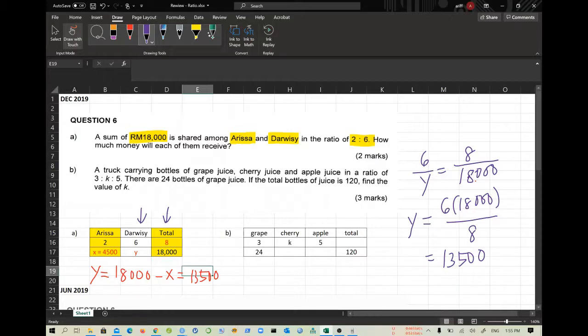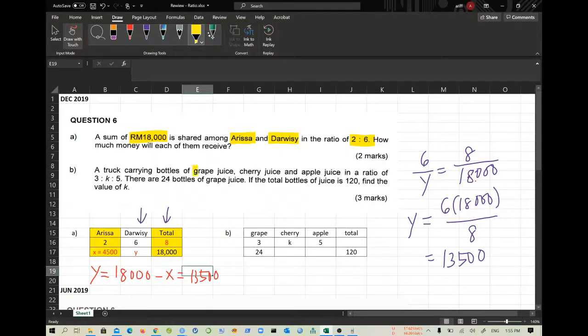Alright, so the second question gives you an example on the use of a ratio with 3 quantities. Okay, let's see how we can solve this one. Here it says you have a truck carrying bottles of grape juice, cherry juice and apple juice.